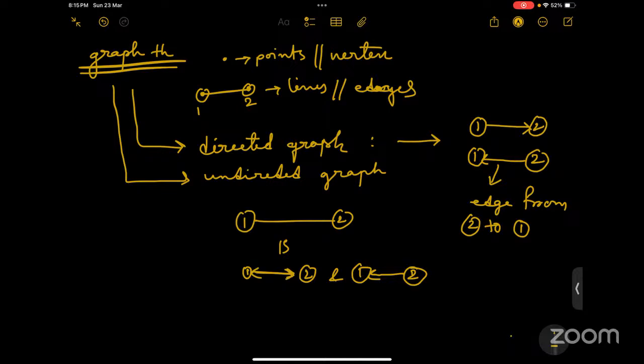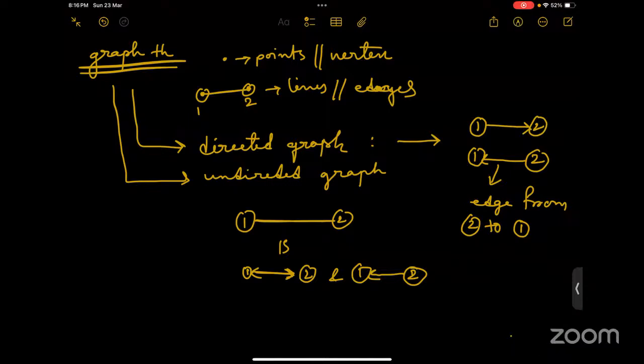We basically avoid writing this two-sided arrow and use the notation of a simple straight line. This is an undirected edge. When we use undirected edges throughout our graph, the graph is an undirected graph, right?